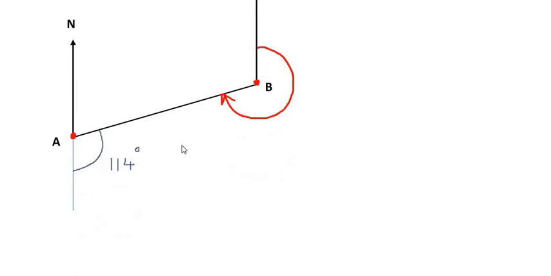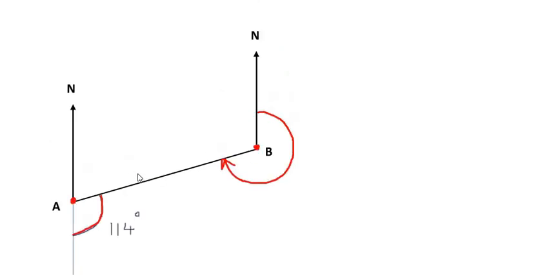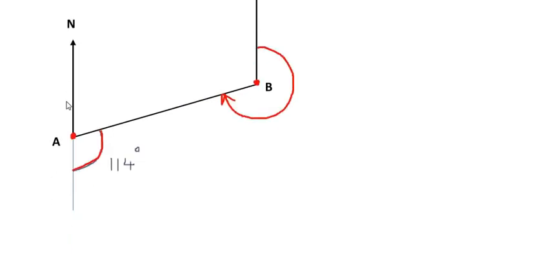Now to calculate this, for help they have given this angle as 114 degrees. So what we are going to do is, since NA, and let me take this point as R, since NAR represents a straight line, this total angle is going to represent 180 degrees, because angle made by a straight line is 180 degrees.